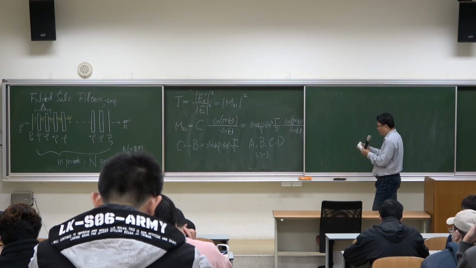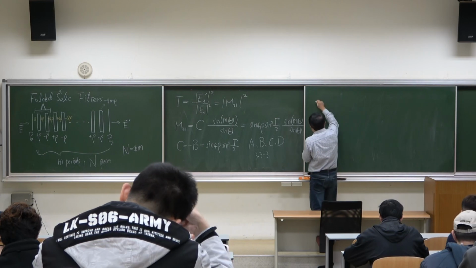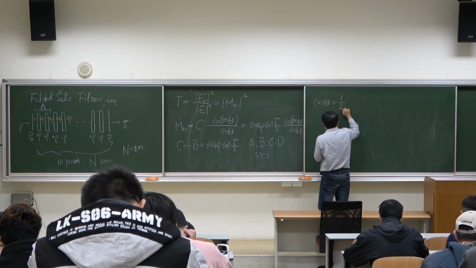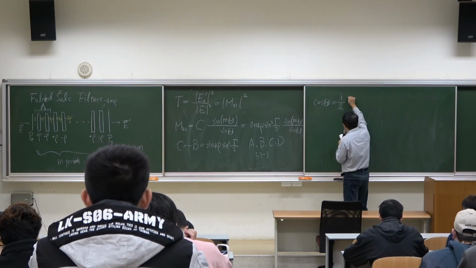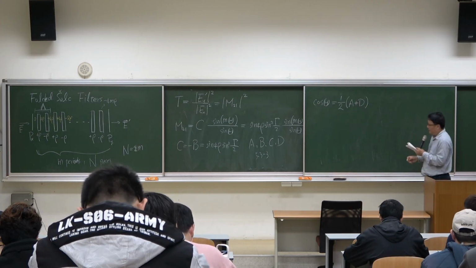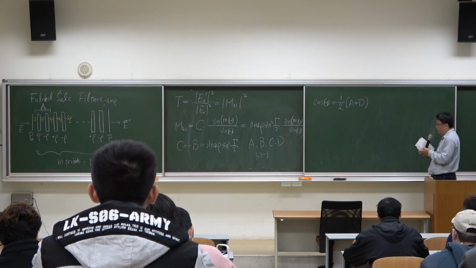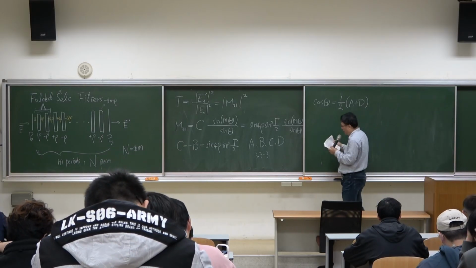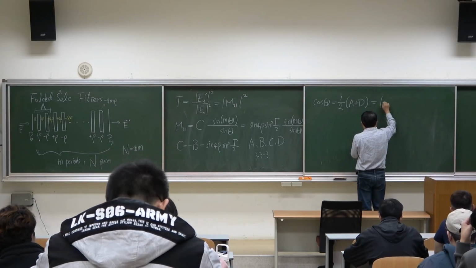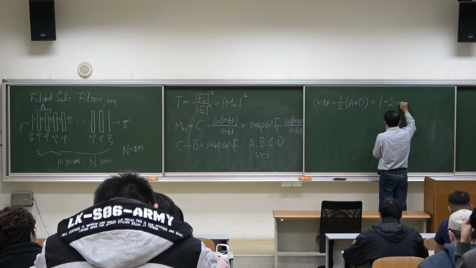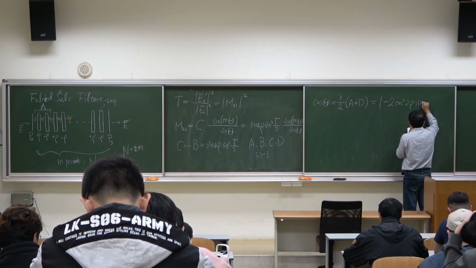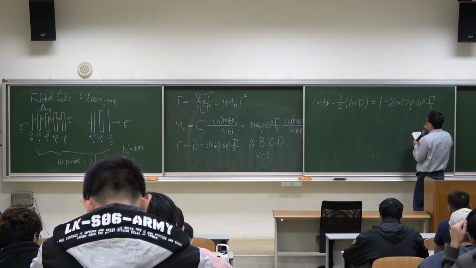So, use this result, you can find that cosine theta is 1/2 trace capital omega, the summation of A and D, 1/2 A plus D. So you use the result in the textbook about A and D, you can find the result 1 minus 2 cosine square 2 rho sine square half gamma. Okay.